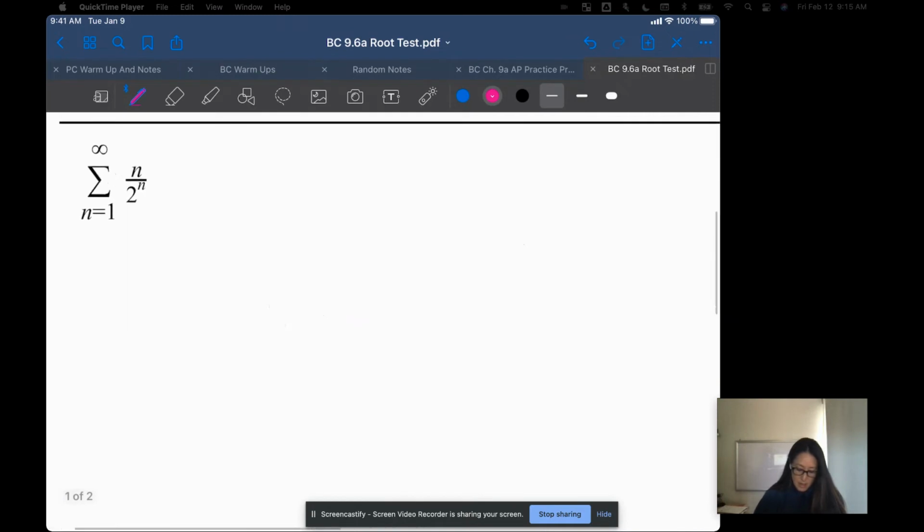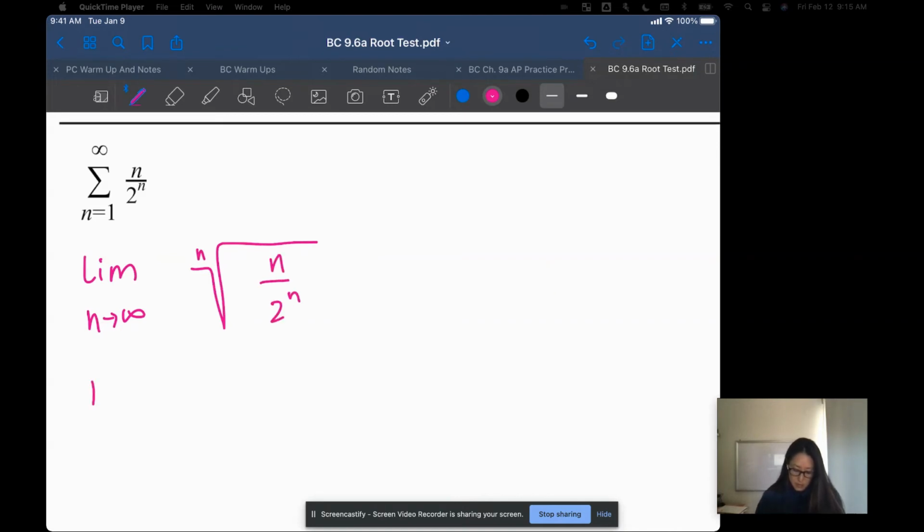Okay, the next one. The sum as n equals 1 to infinity of n over 2 to the n. So I'm going to start with the limit as n approaches infinity of the nth root of n over 2 to the n.